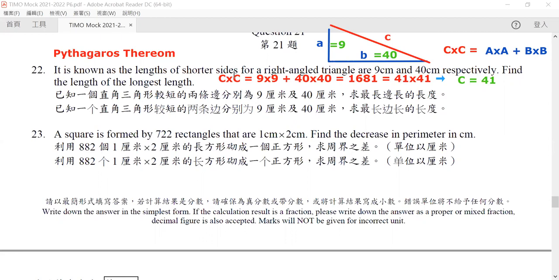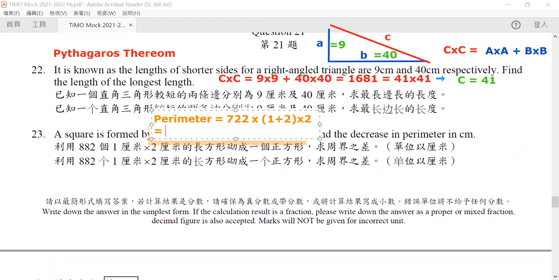Now, if we have so many rectangles, what's the perimeter? The perimeter in this case for the 722 rectangles will be 722 multiplied by the perimeter of each, so 1 plus 1 plus 2 plus 2. Hence our answer is equal to 4,332.